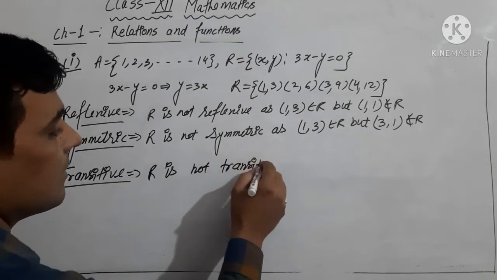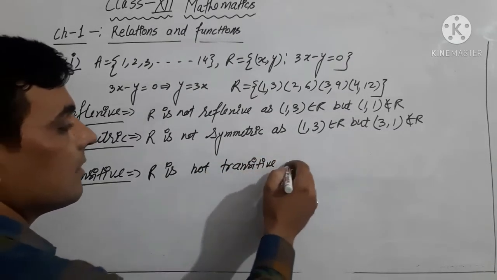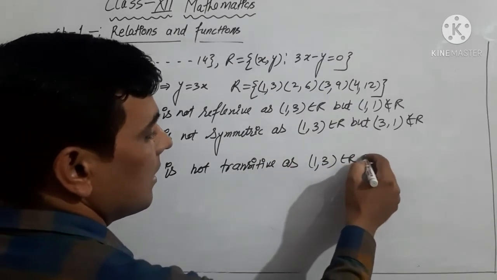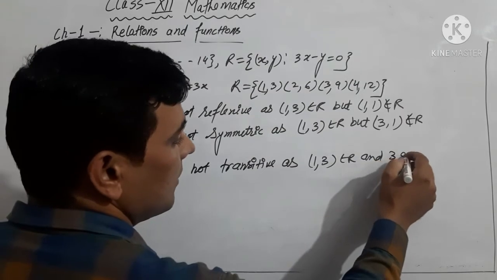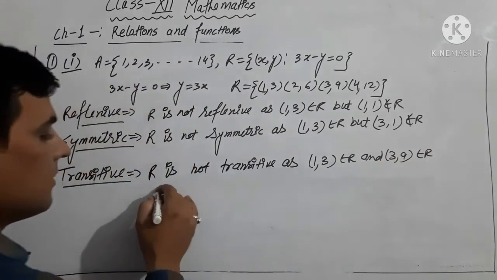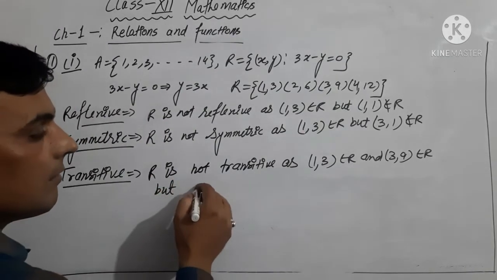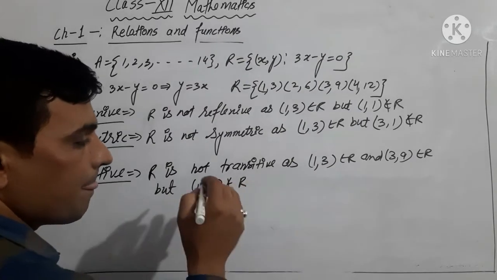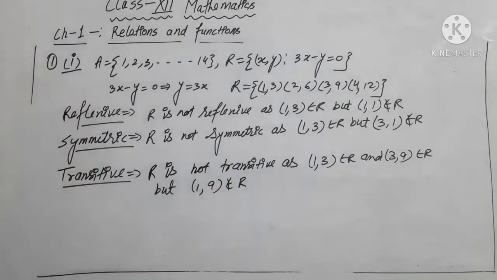R is not transitive as 1 comma 3 belongs to R and 3 comma 9 belongs to R, but 1 comma 9 does not belong to R. So R is not transitive.